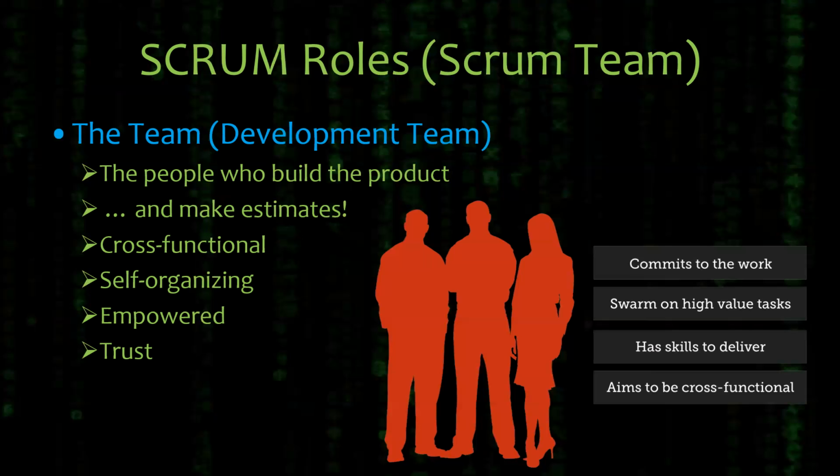Okay, so once again, a Scrum team is the people who are building the product, but they have to be a highly skilled and cross-functional team, right? So that's what we have in the development team.